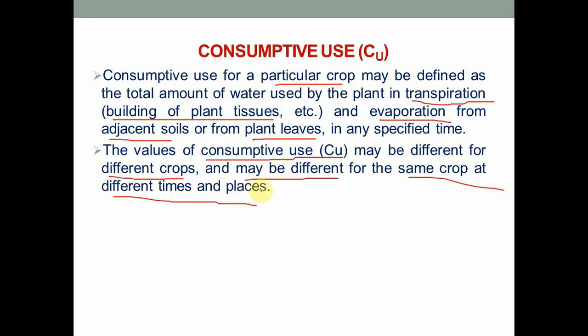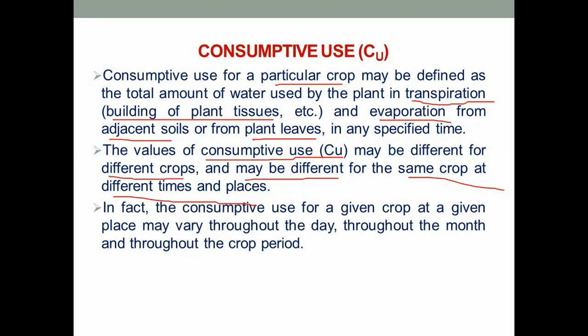Because Rajasthan is a very hot and dry region, so there will be losses in the form of evaporation from adjacent soils or from plant leaves. More water will be lost, so the consumptive use for a wheat crop in Rajasthan may be more. I hope you understood this.